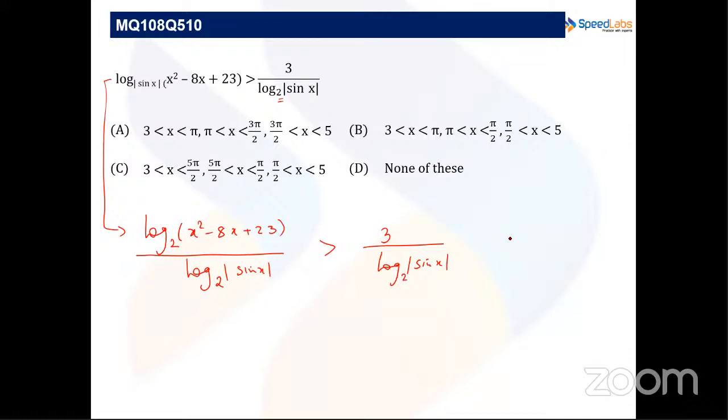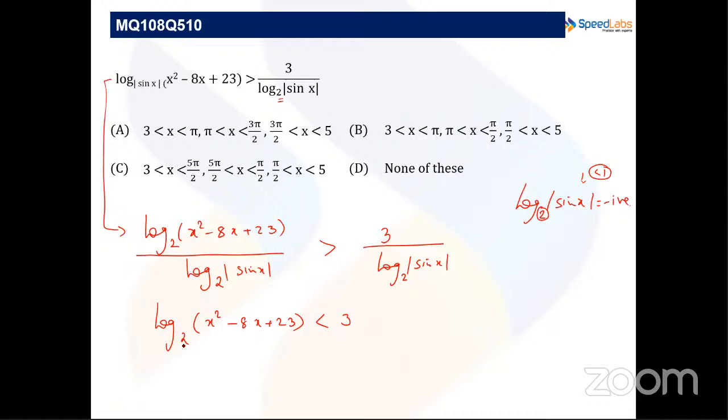Here we can see that log of mod sin x to the base 2, this value is less than 1, so this value will be negative. So if we multiply both the sides by log mod of sin x to the base 2, then the sign of inequality will change. So we would have log of x square minus 8x plus 23 to the base 2 is less than 3.